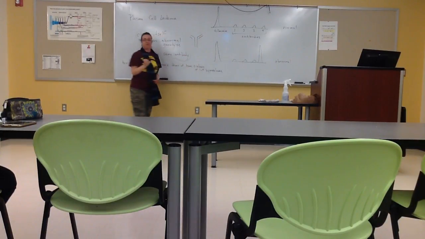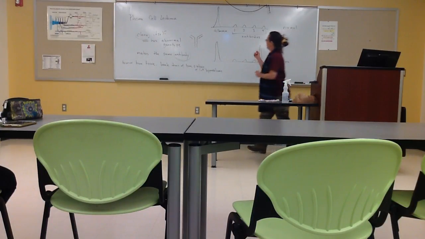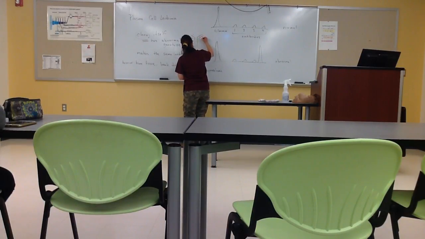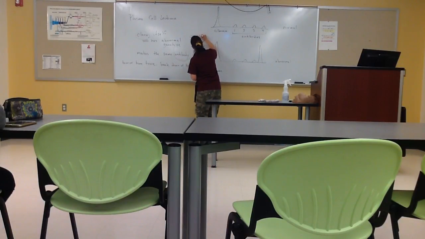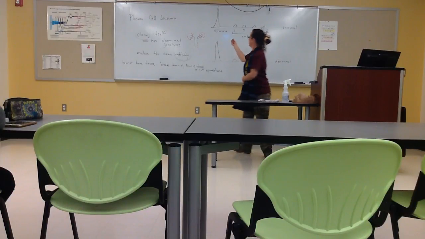Have you guys seen this before for the structure of an antibody? So what happens is that, I'm going to draw a line here. This part and this part of the antibody is variable depending upon what that B cell is going to identify as non-self. Everybody good with that? So this part is variable.